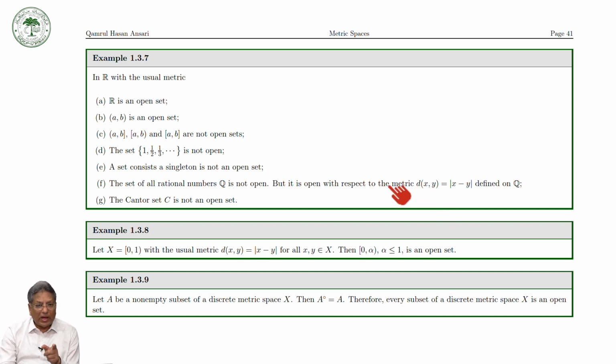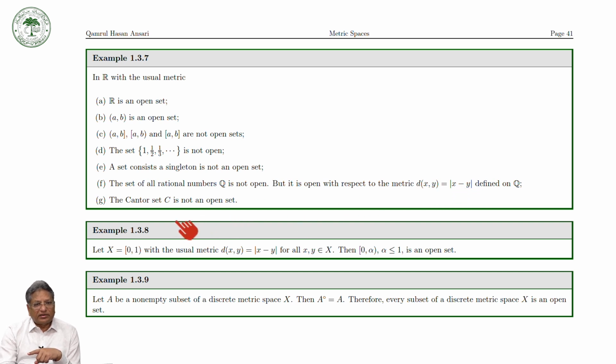But Q as a subset of R is not open. Similarly, the set of all irrational numbers is not open as a subset of R, but it is open as a whole space with respect to the usual metric.